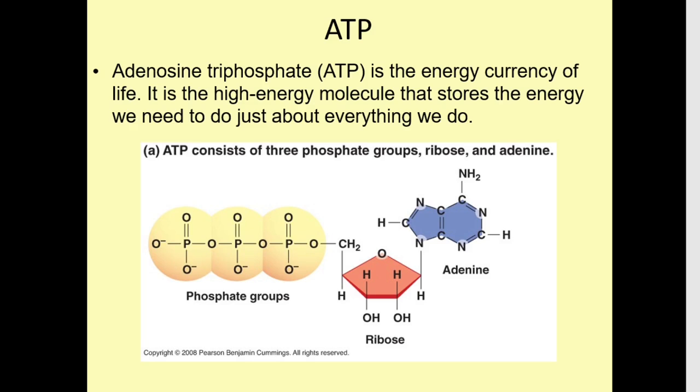The thing that holds them together, though, are strong covalent bonds. So they are essentially forced into this position where they are sitting right next to each other. Because they have this natural force that wants to push them apart, they want to repel each other, when we look at an ATP molecule, we can see that it has a store of potential energy.